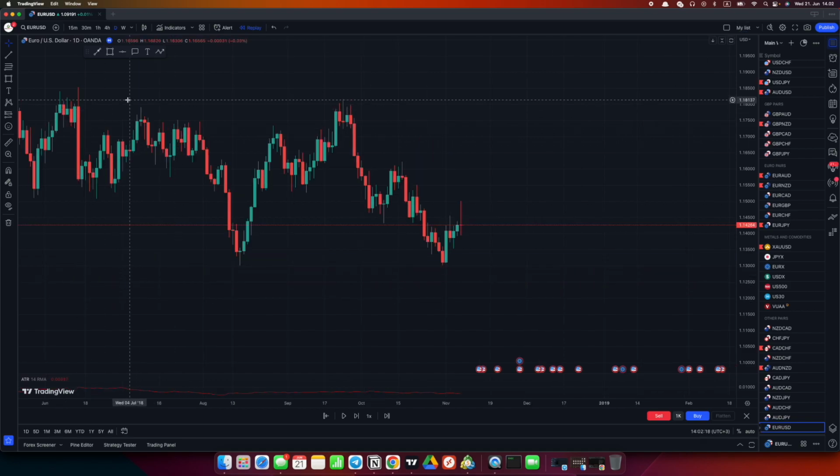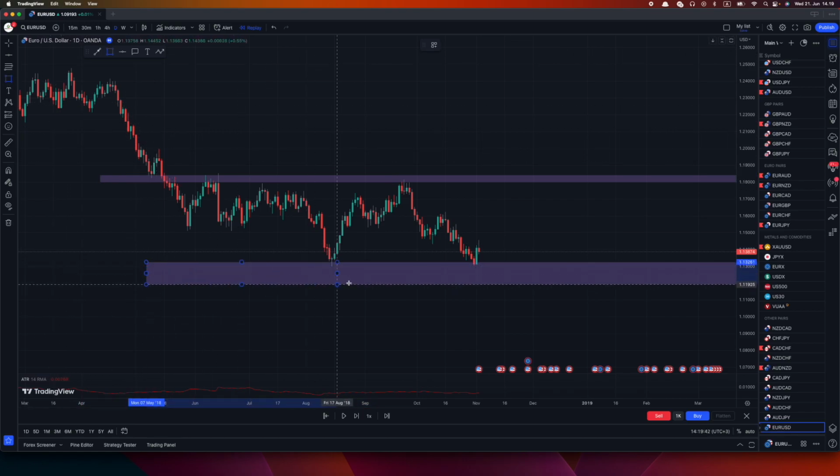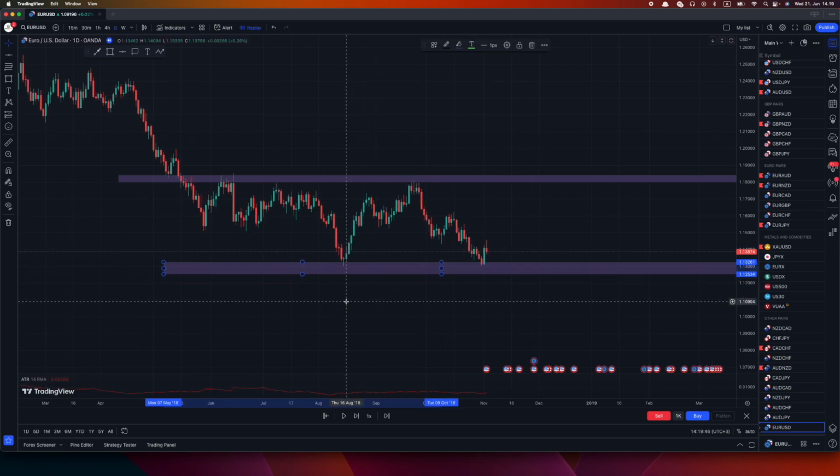As we mentioned, the strategy is quite straightforward and simple. We will mark the support and resistance zones on the daily chart, and we will wait for price to reach one of those zones, and we will enter based on the expectation of rejection of those zones.